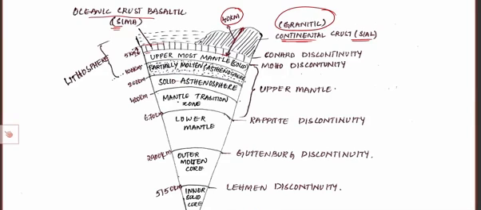And this is the lower mantle, the outer molten core, and the inner solid core. So let's see the depth of each layer, and the discontinuity which separates two layers.